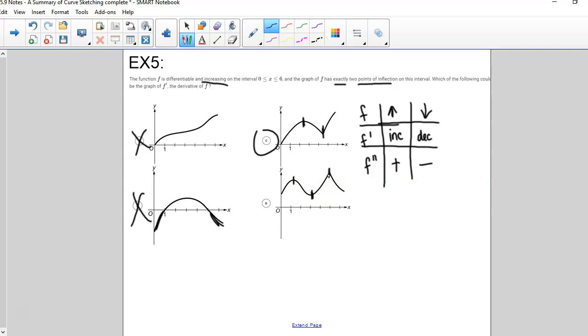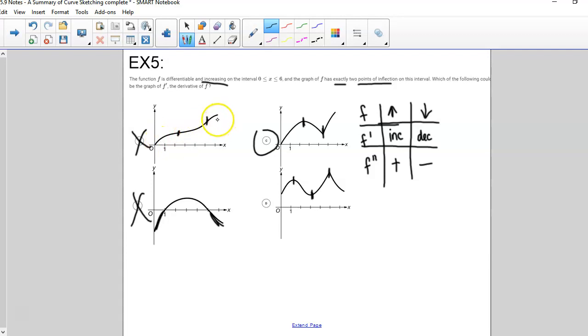The big thing is, don't ever, for example, A is a good distracting answer because A is always increasing, like they told you here, and A has 2 points of inflection because you're concave down here, and then you go to concave up, so you get about right here is the concavity change, and then you go from concave up back to concave down.